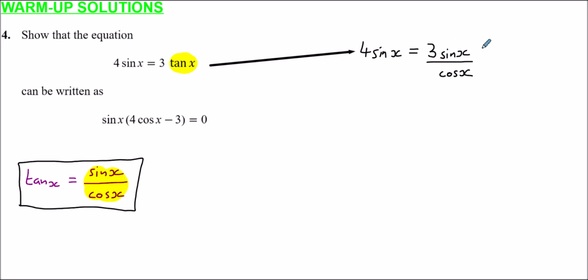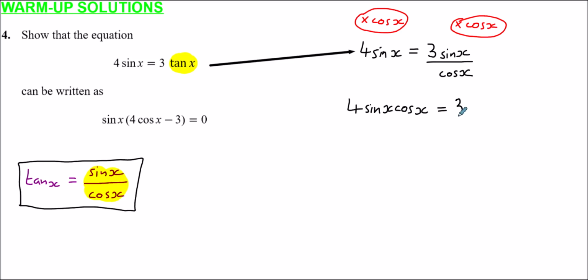So this needs to be rearranged so it's all equal to 0. And as you can see here, there's no fractions at all of any type. So on each side, I'm going to multiply through by cos x. So if I do that, I'm going to get 4 sin x cos x on the one side, equals 3 sin x.